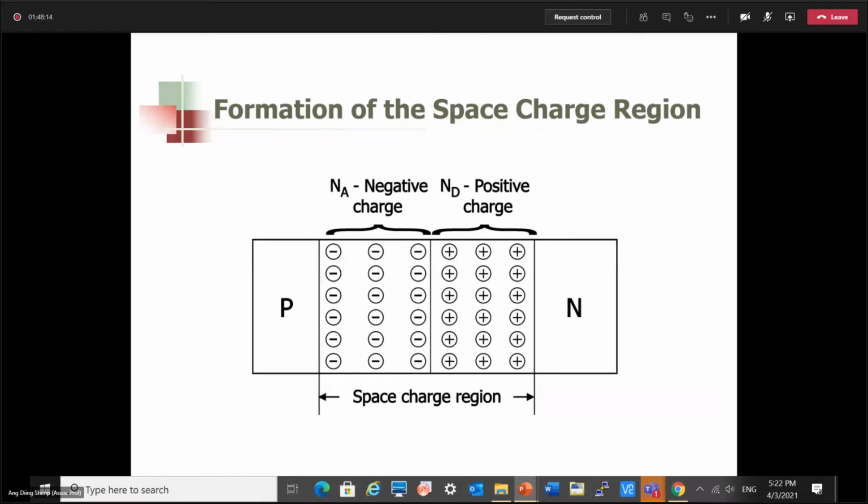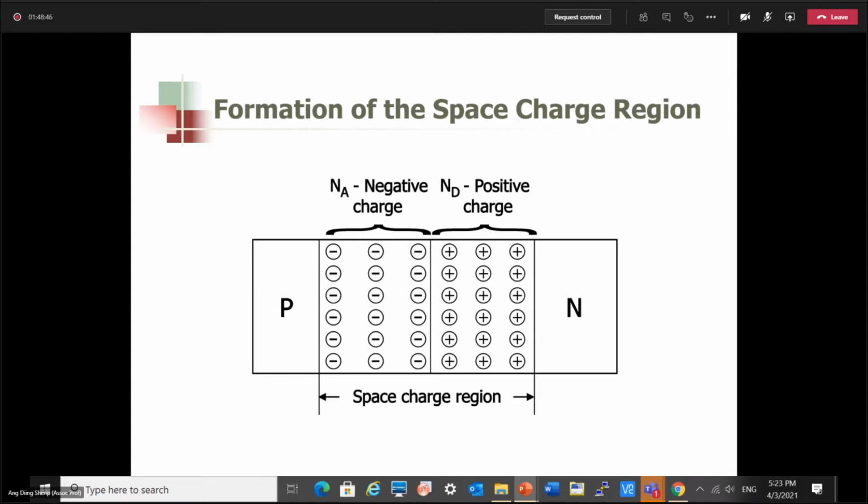Remember during doping, after you dope a semiconductor p-type by introducing boron, how does boron create the holes in the valence band of, let's say, a silicon semiconductor? It does so by accepting a valence electron, right? So in the process, you have a hole created, which is a positive charge, no doubt. But the boron atom gains an electron, so it becomes ionized.